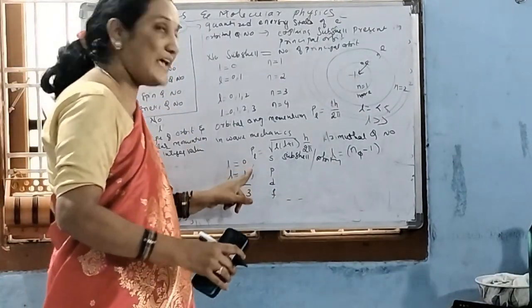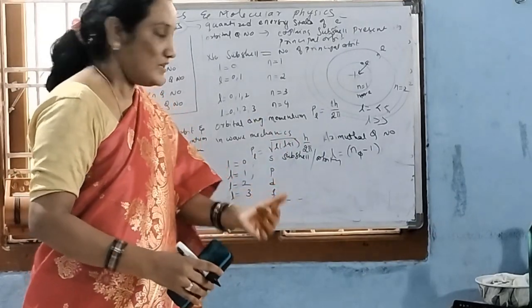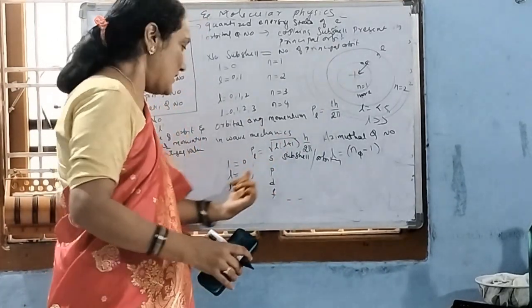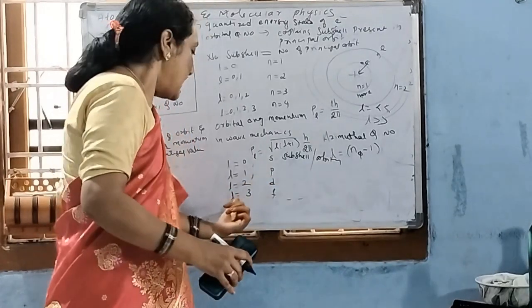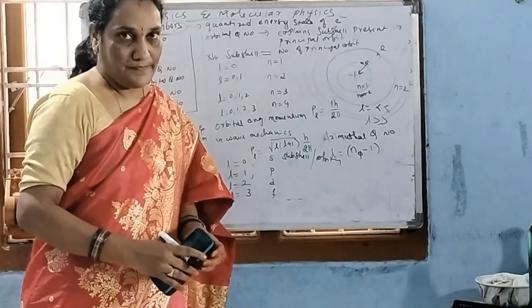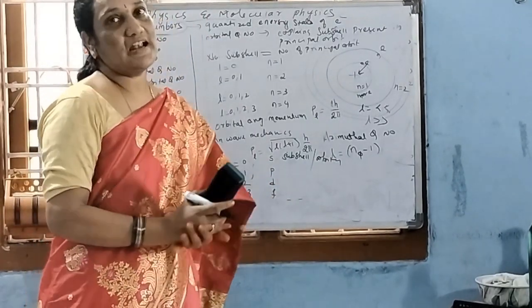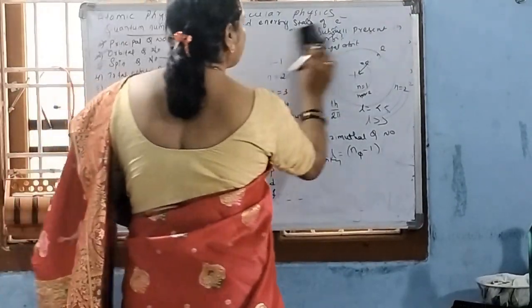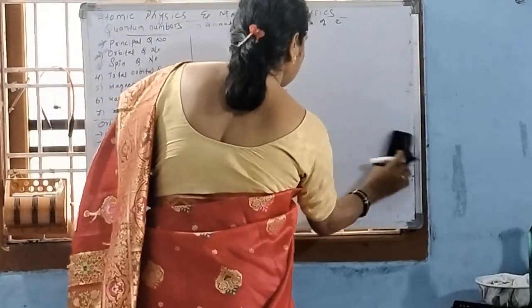These are the spectral notations: L equal to 0, S; L equal to 1, P orbital; L equal to 2, D; L equal to 3, F. So this is about the orbital quantum number. Now next, let us move on to the spin quantum number.